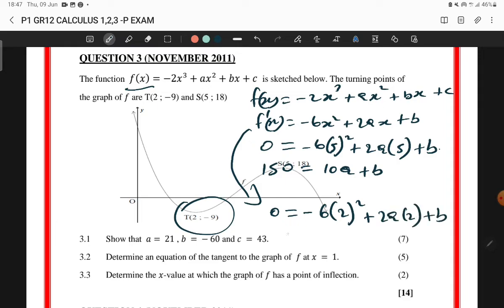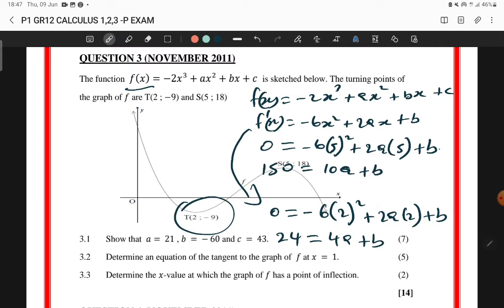Now we have 4 times 6, which is 24, and 24 is equal to 4a plus b, because we are adding these things up. Now this is what we have.